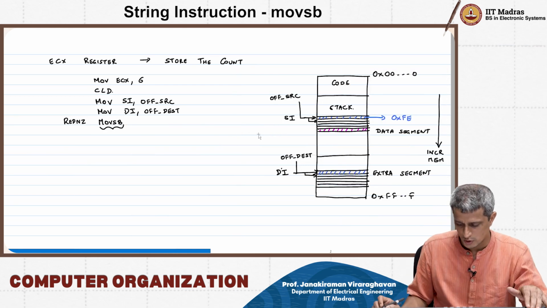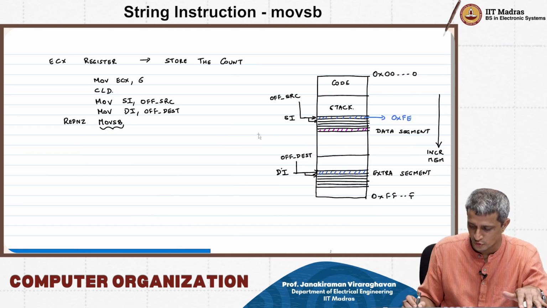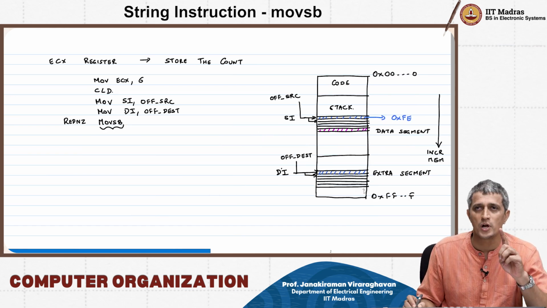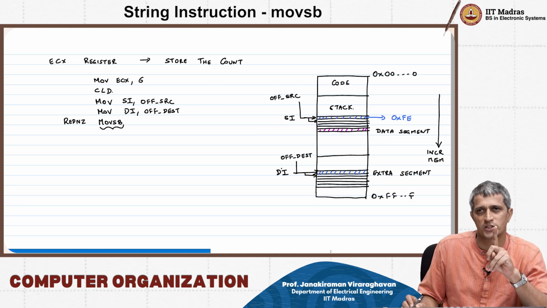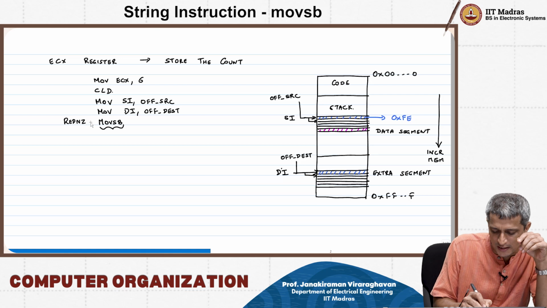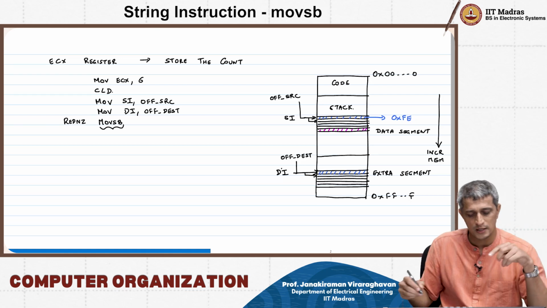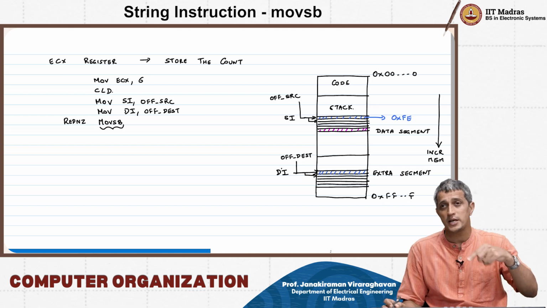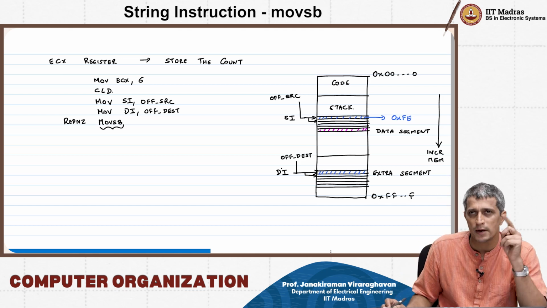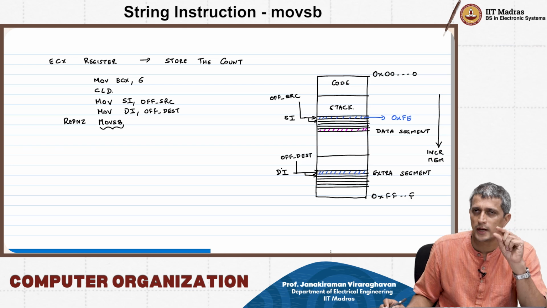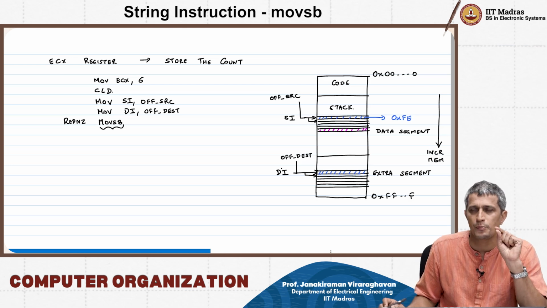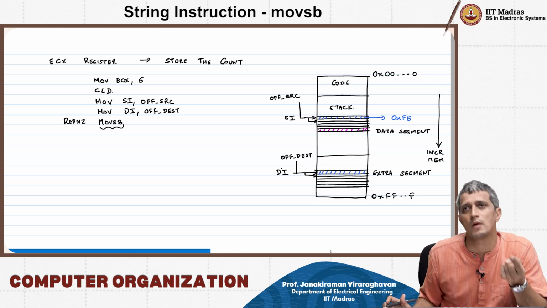You are going to do moves byte, and moves byte only increments SI and DI once to the next thing. But this REPNZ is a prefix to the instruction saying repeat until non-zero. So every time the instruction after REPNZ is executed, ECX will be decremented by 1.